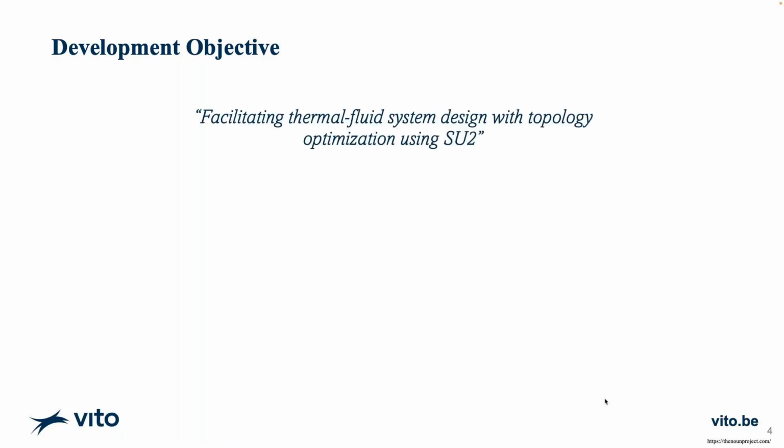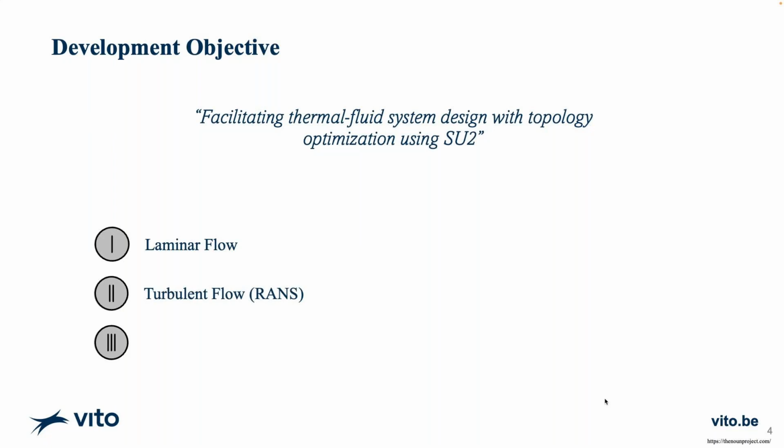Topology optimization within fluids has existed for quite a long time, but we want to enable this methodology within SU2 so that we can actually design engineering systems using it. In order to achieve this big objective, we have set ourselves three development phases. First, only laminar flow, then turbulent flow using RANS, and then finally also including the heat transfer.